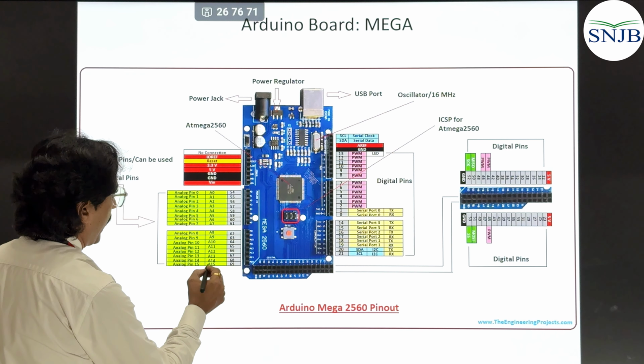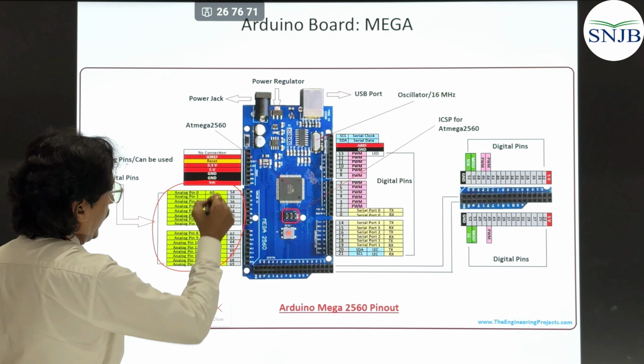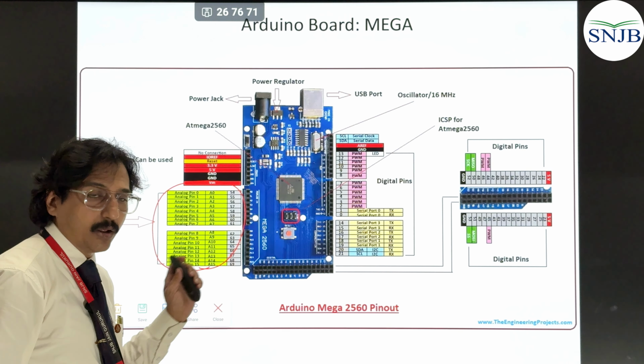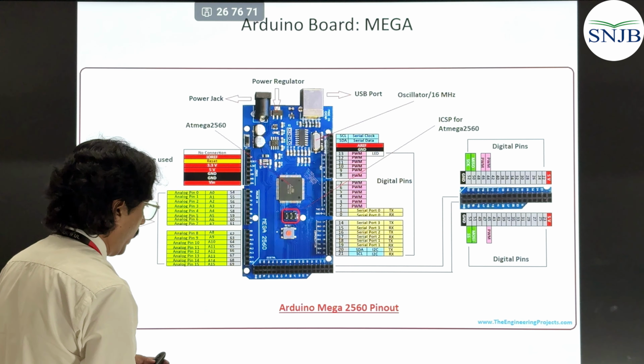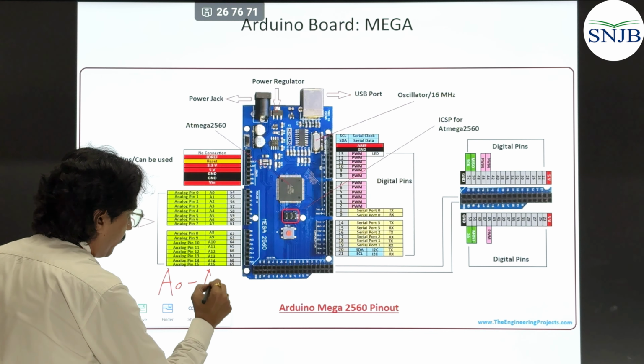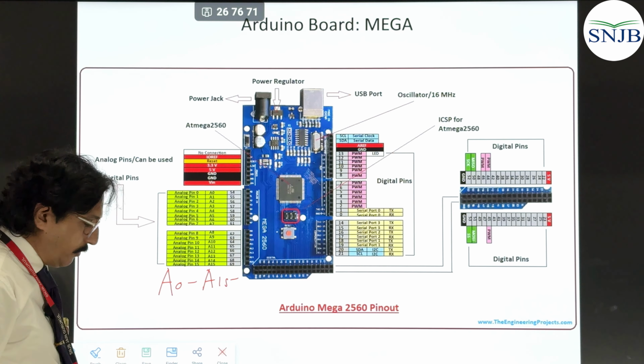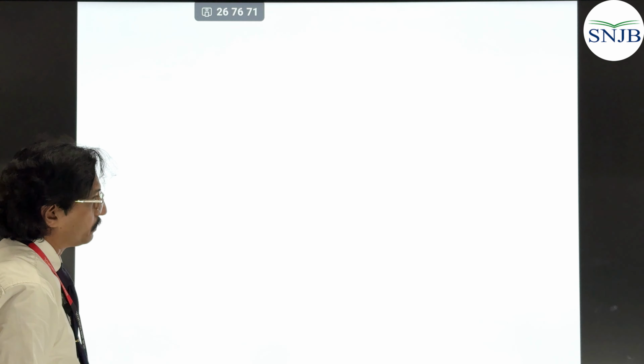Next are the analog inputs, A0 to A15. These are the analog input pins. So A0 to A15, these 16 analog inputs are there. What can we do using these analog inputs?